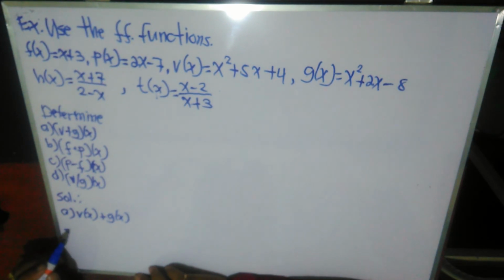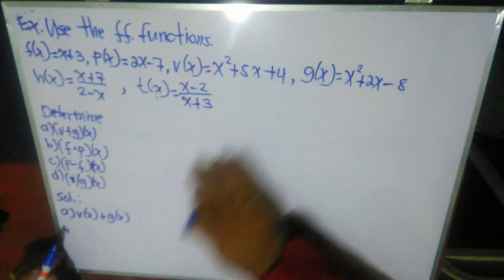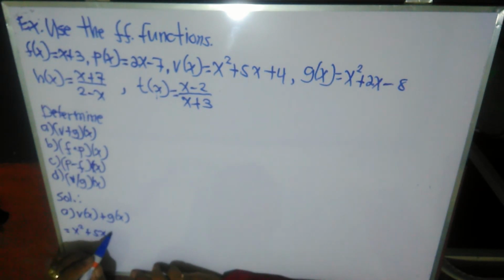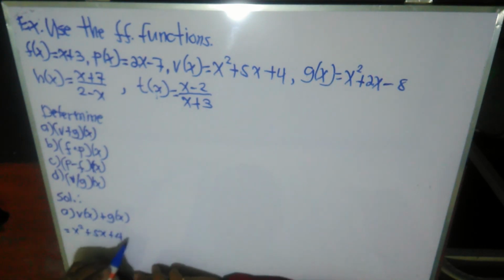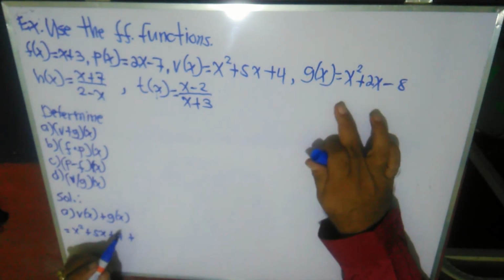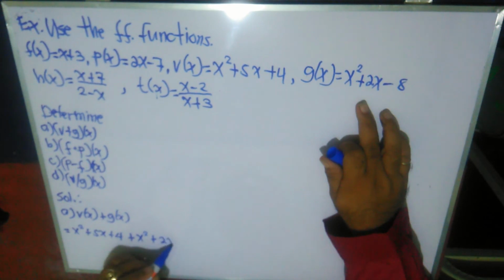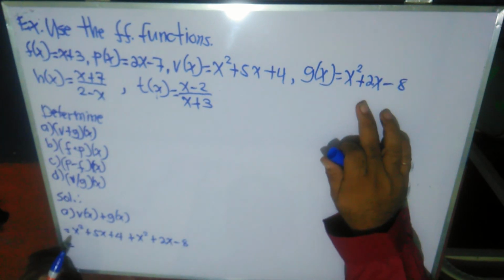Our v is x squared plus 5x plus 4, then the operation is plus, then this is our g, x squared plus 2x minus 8. Then combine the like terms.